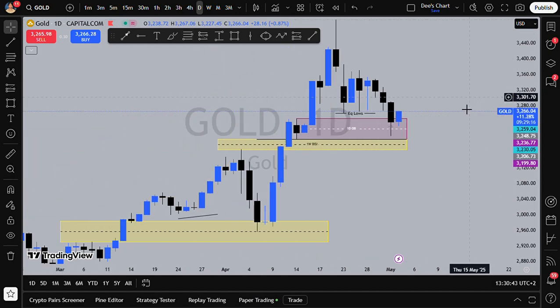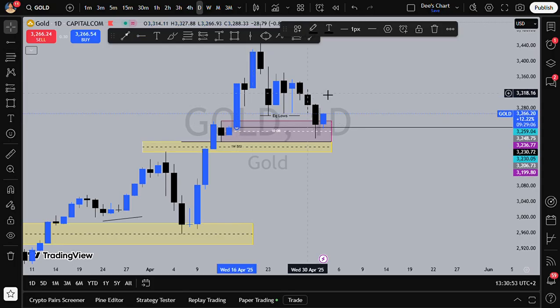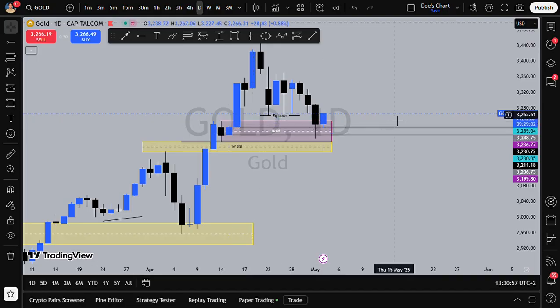So I marked up my daily time frame POI, and we swept important liquidity. But what I'm also going to mark out is the bottom of this candle, and also this area right here, because we will find in this week down here we swept areas on a lower time frame that was also noticeable liquidity.